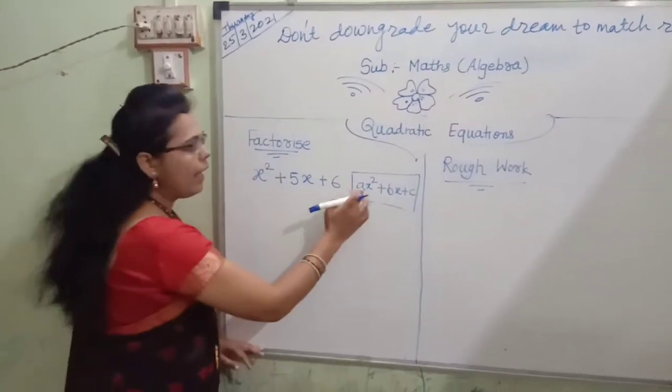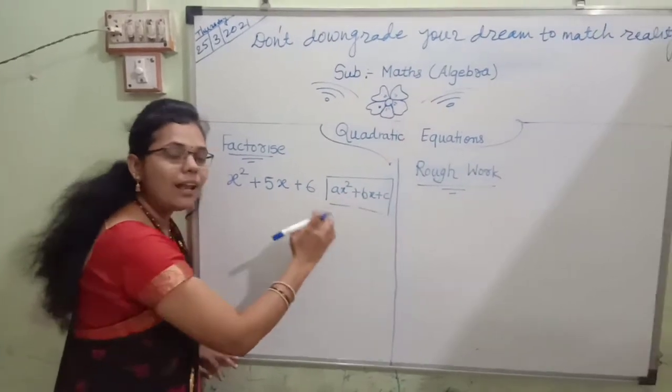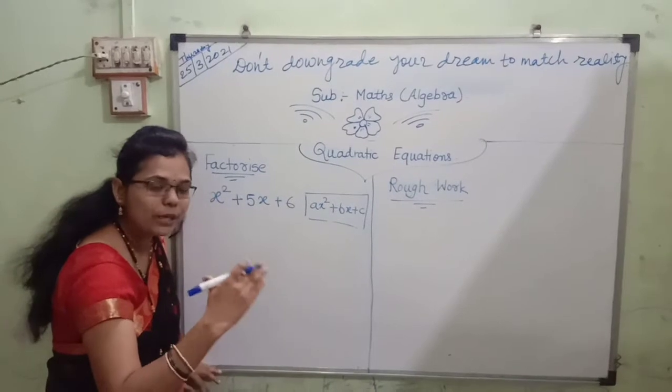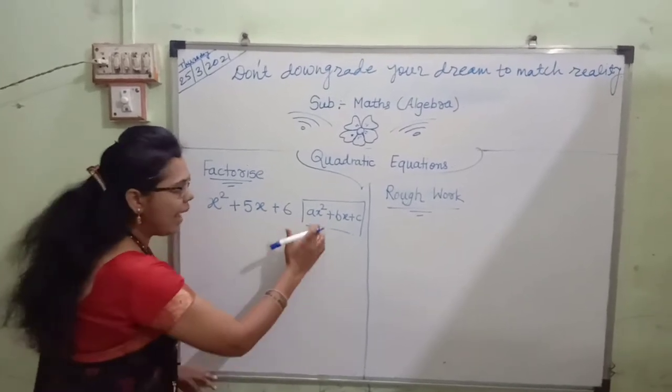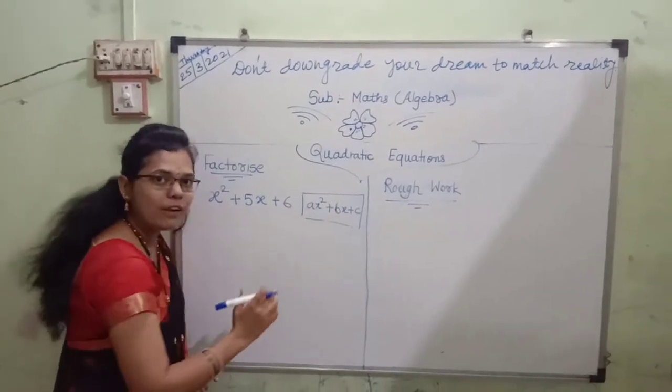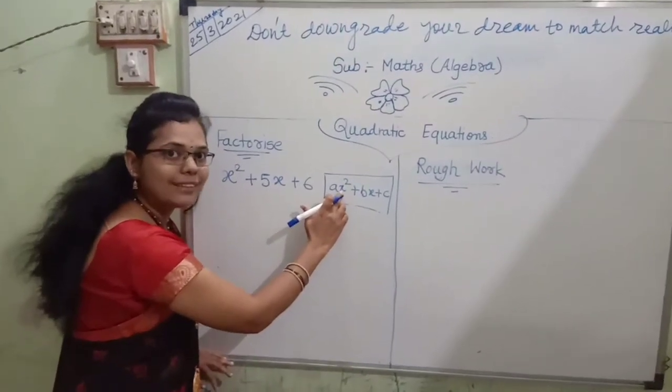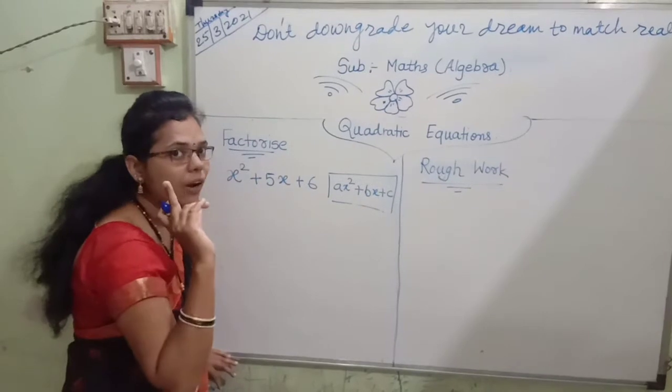You know very well A, B, C are numbers, called coefficients in algebra. And x square and x are the variable. Same variable, but here the power of x is 2 and one time it is only 1.